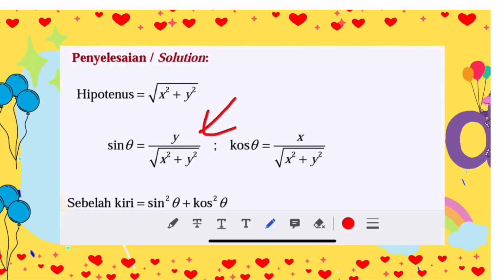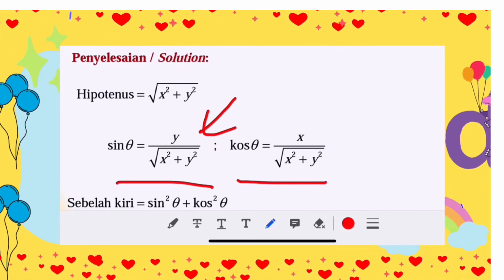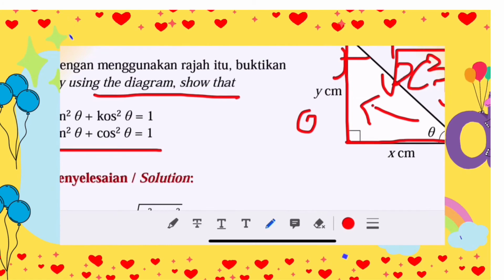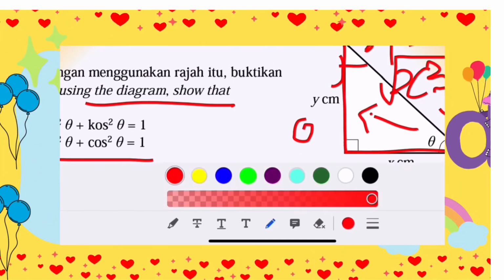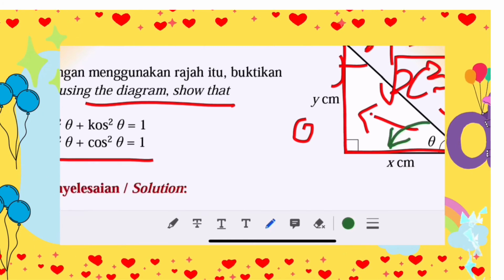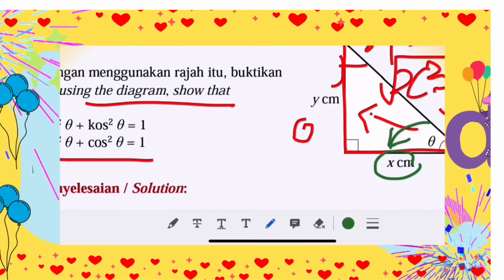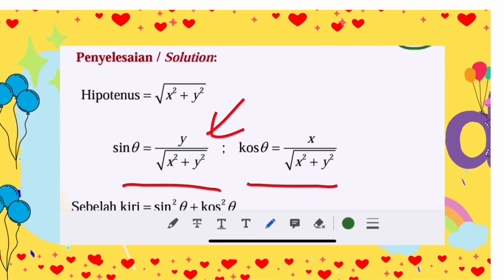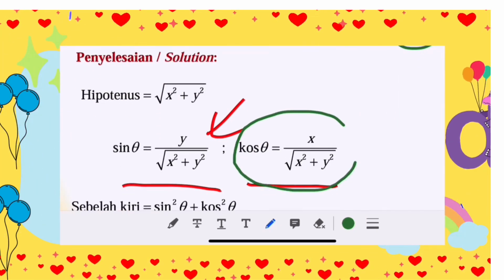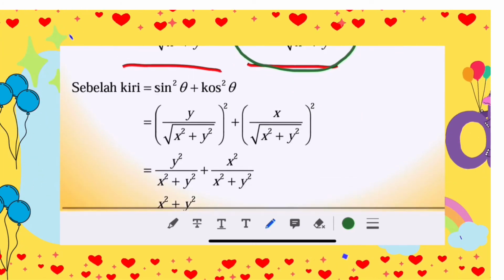So the sine theta and cos theta can be obtained from the triangle. Here, the cos theta is x over the hypotenuse, right? So we will have x over square root x squared plus y squared.